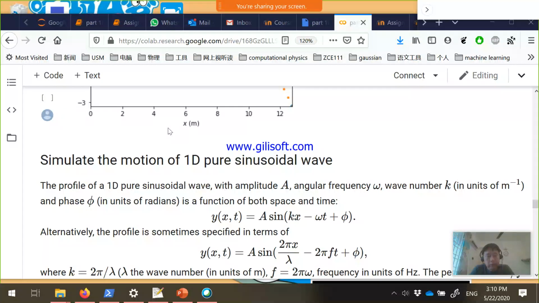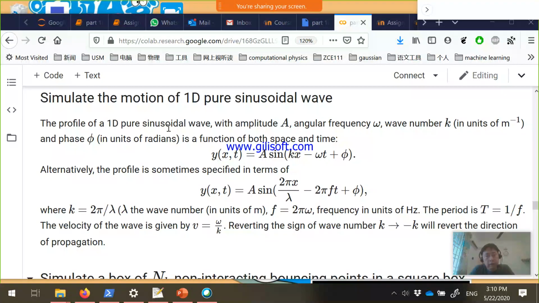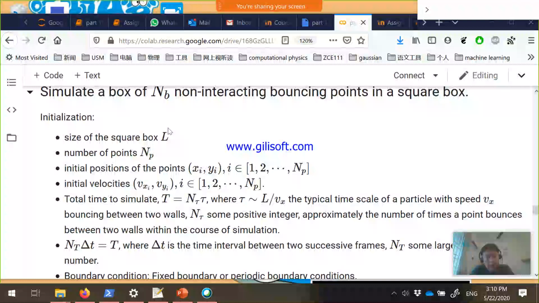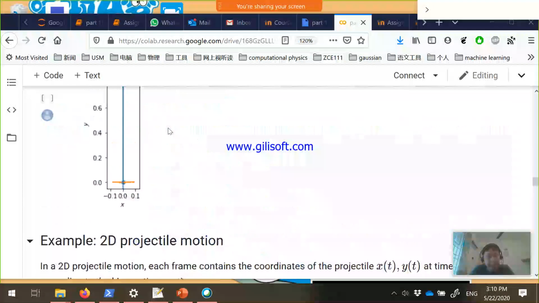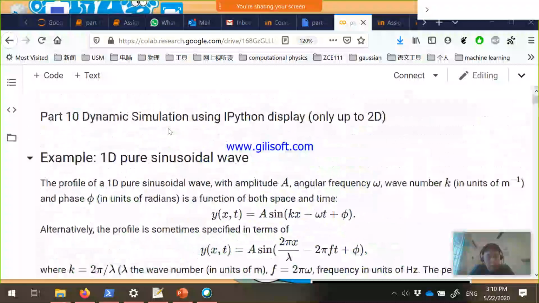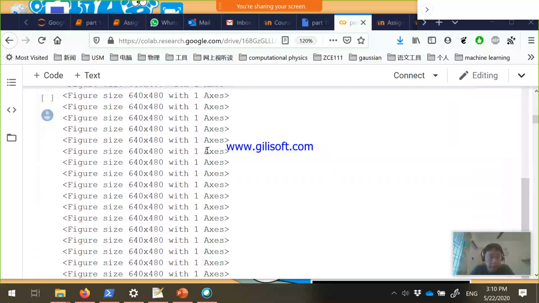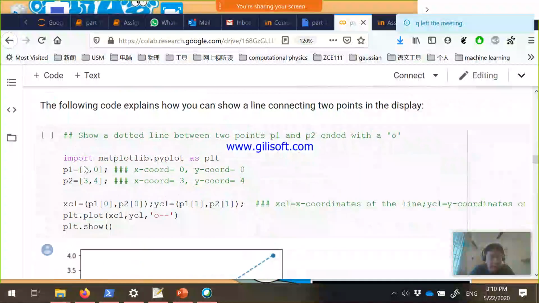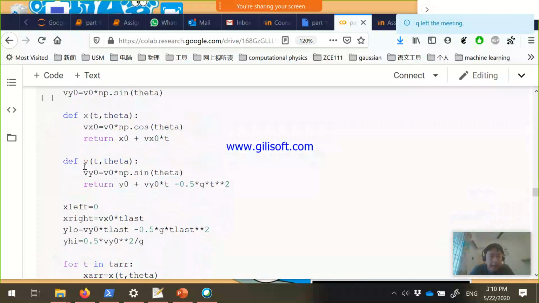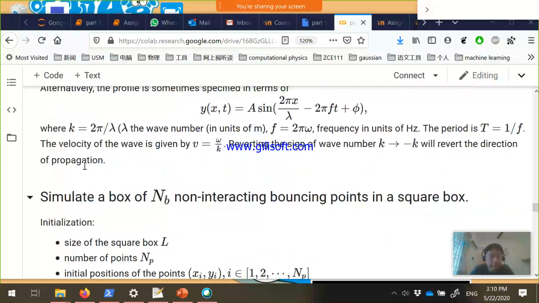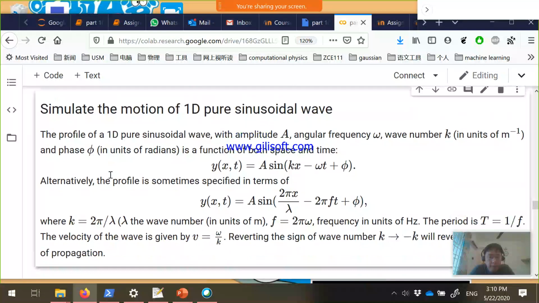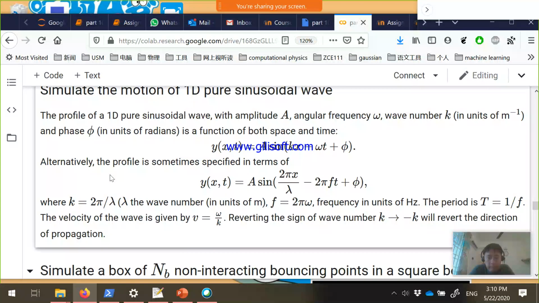Now the other thing is the wave. The wave is the most interesting one. Here we got a wave, but I think we got two waves. Why should we put two waves? There should be only one wave. I think that is a repetition. The wave shown here is a pure motion of wave.